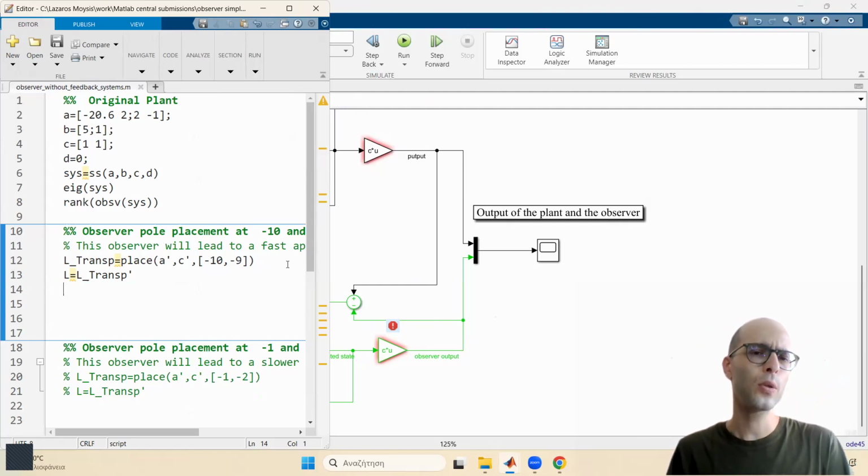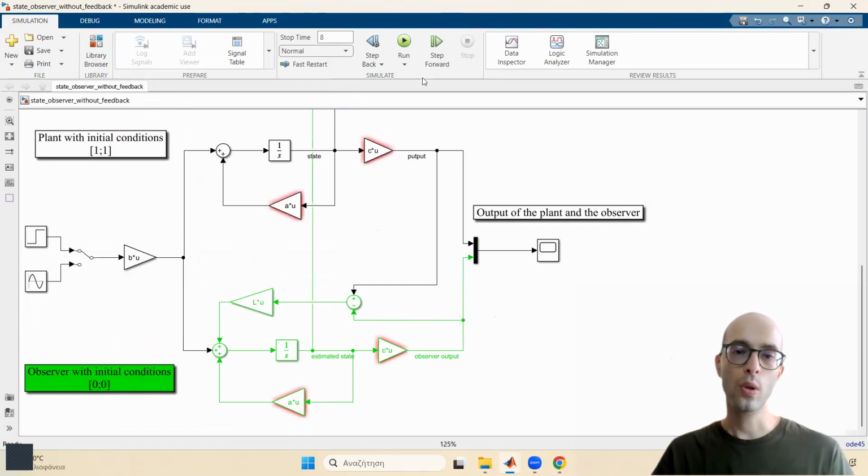So depending on the application, it may not be possible to put them extremely on the left, but this is up to the application at hand. From a mathematical or a numerical perspective, this is just a number. So I place them very, very far to the left. It's on -10 and -9.